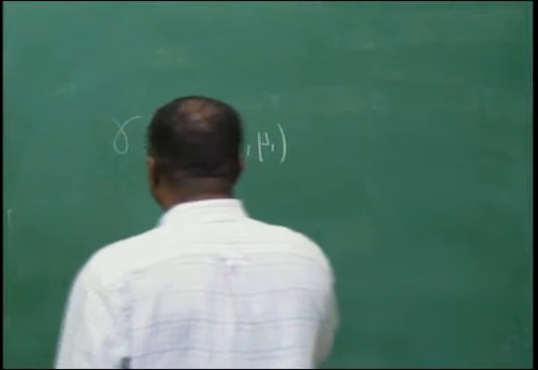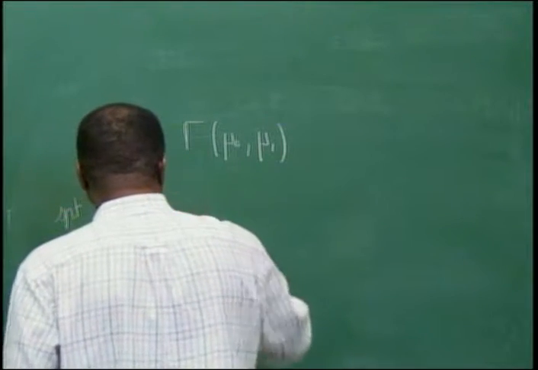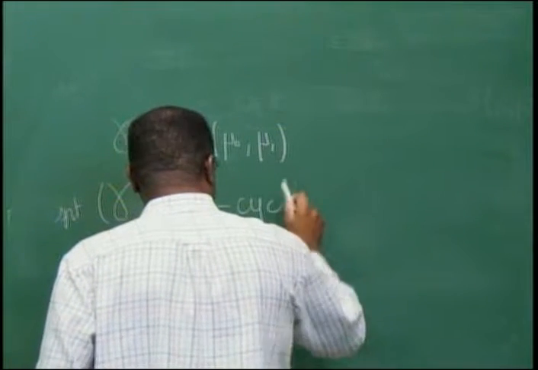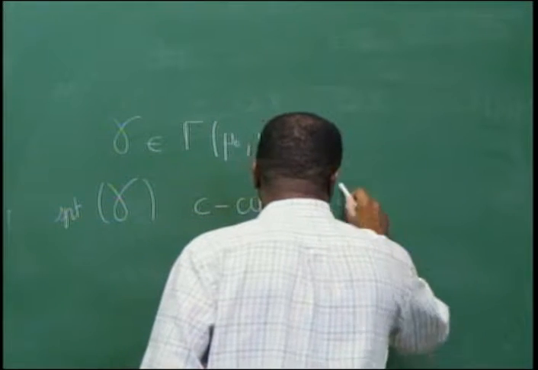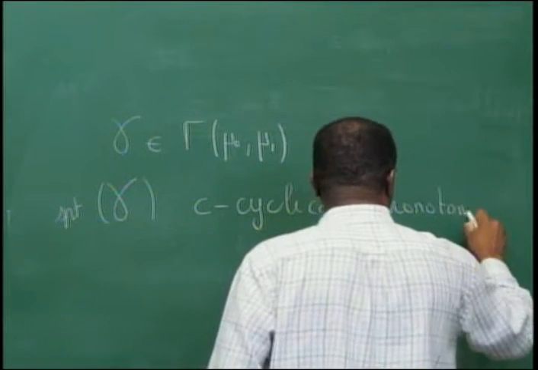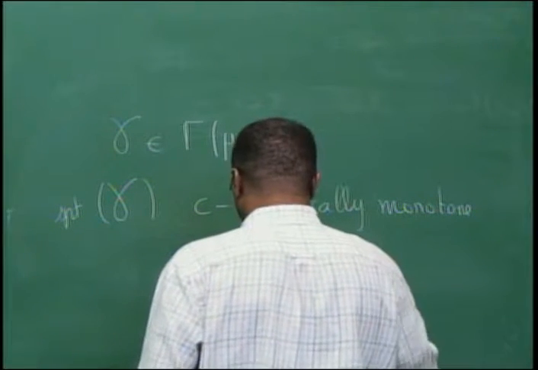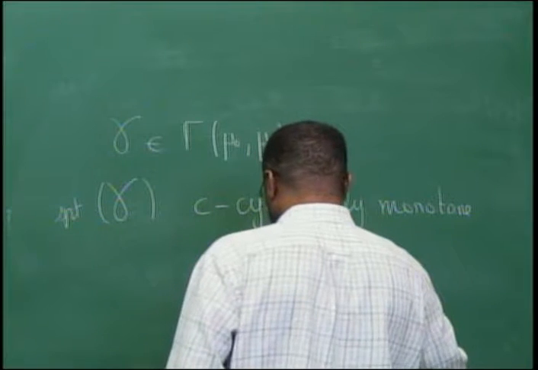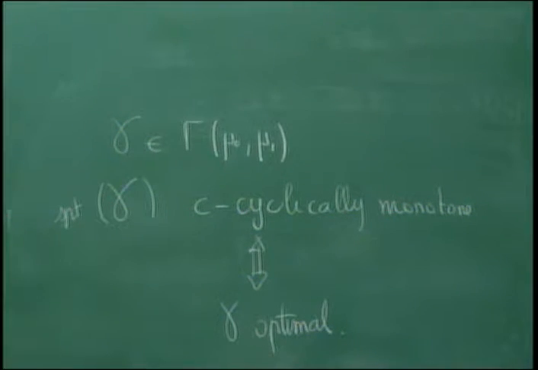The condition is the support of gamma is C cyclically monotone, which is equivalent to gamma optimal. I will say what this is. So there is a geometric characterization of the support of any given measure to be optimal.